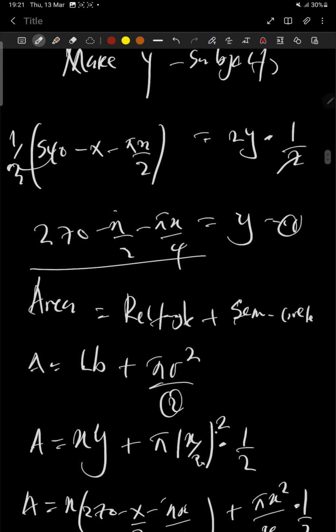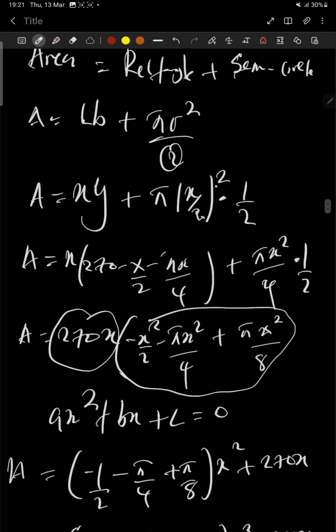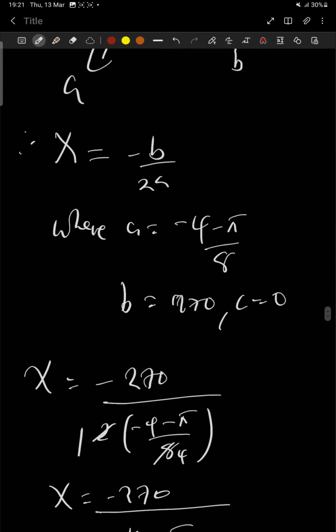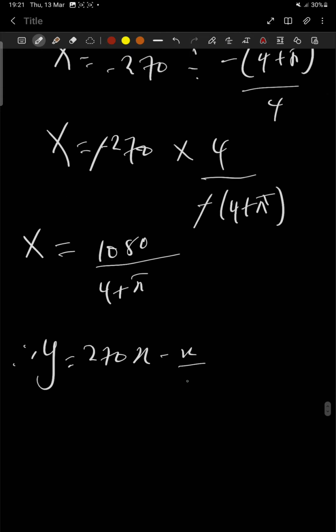Oh, here, minus x over 2 minus pi x over 4. Okay, minus x over 2 minus pi x over 4.